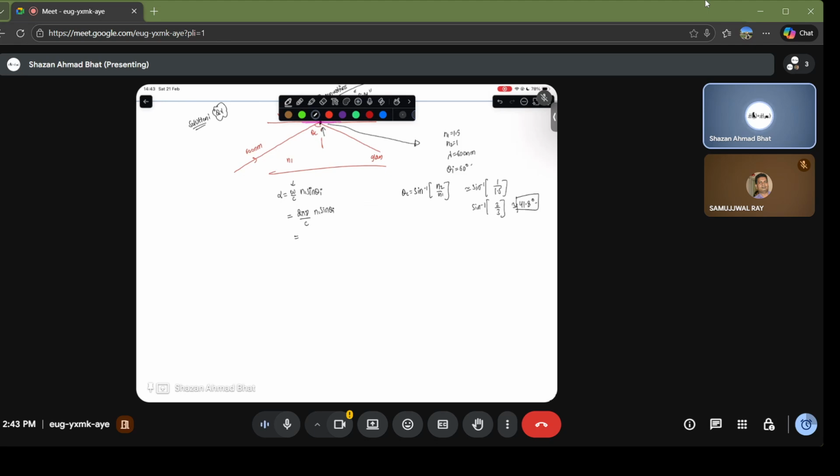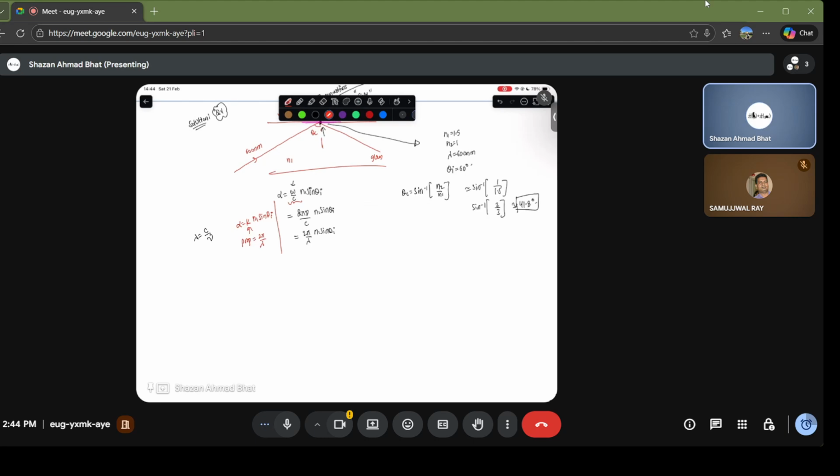You have the wavelength as c over nu, so this will be 2 pi over lambda n1 sine theta I. Essentially this is alpha equals k times n1 sine theta I, where this k is basically the propagation vector, sort of equivalent to 2 pi by lambda.